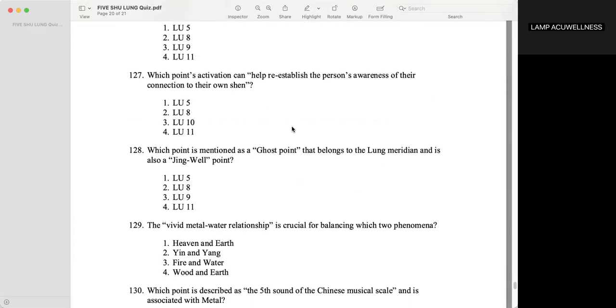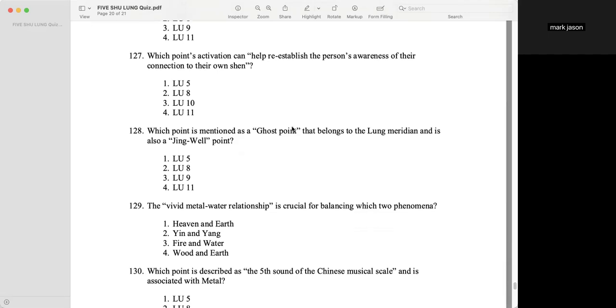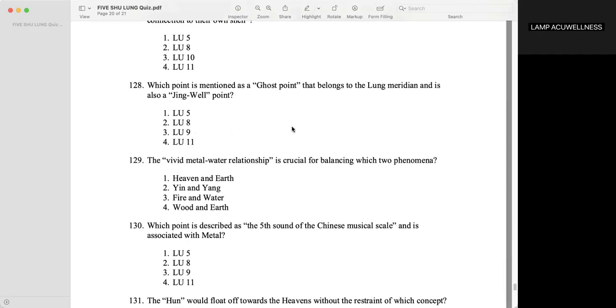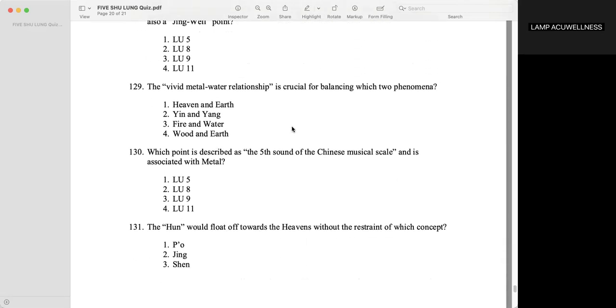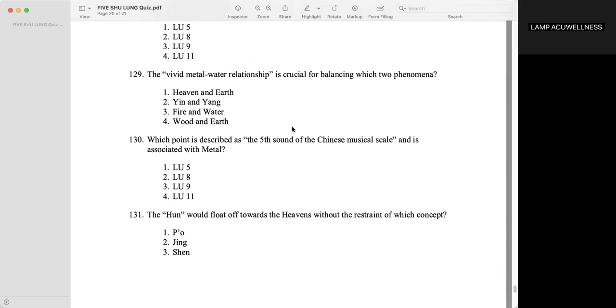Which point's activation can help re-establish the person's awareness of their connection to their own Shen? Lung 10. Which point is mentioned as a ghost point that belongs to the lung meridian and is also a Jing-Well point? Lung 11. The metal-water relationship is crucial for balancing which two phenomena? Heaven and earth.